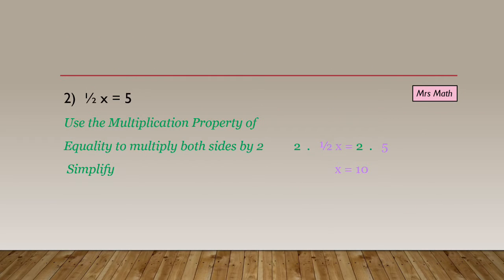Another example: we have half x equals 5, or half multiplied by x equals 5, which is the same as x over 2.